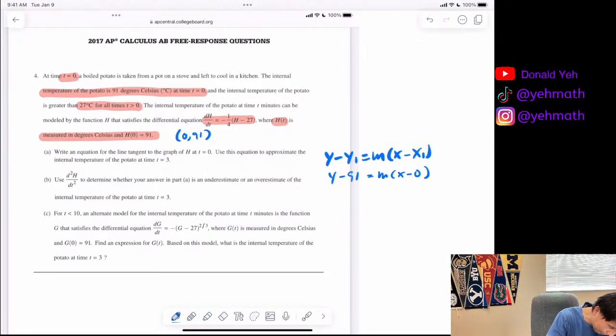But what is m? dH/dt, correct. dH/dt is the slope, right? It is equal to negative 1/4 times h minus 27.